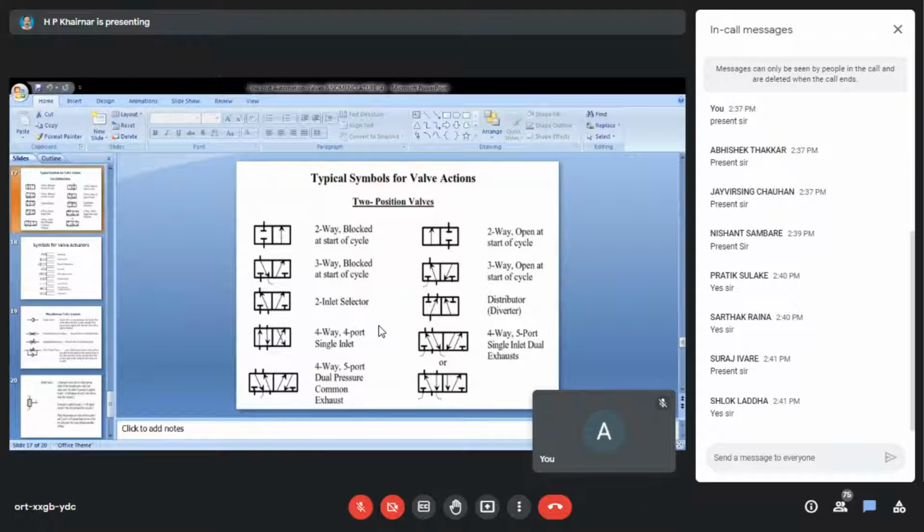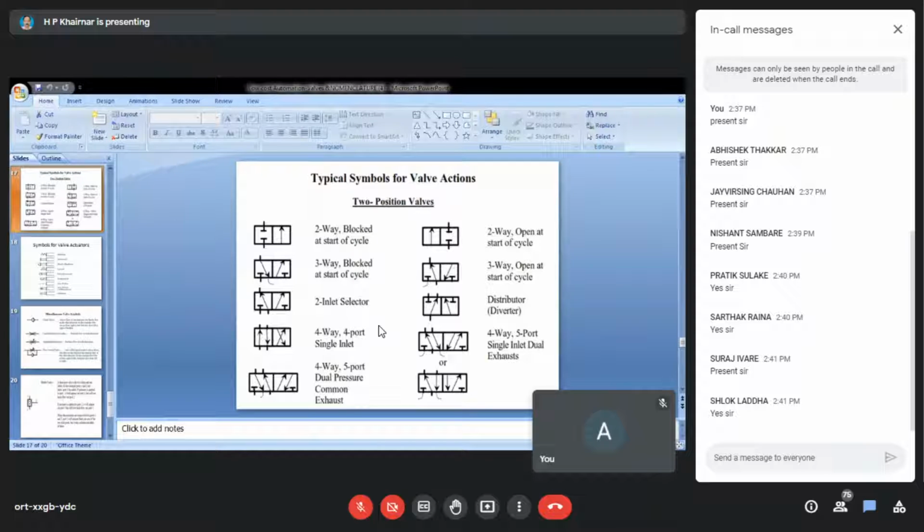Most of the time you might know the FLR circuit, that is the filter lubricator regulator circuit, through which we get air. That air is supplied first to the distributor, and the name itself suggests that it distributes air through its ports with equal pressure. That is the job of the distributor, and that is how we indicate it.